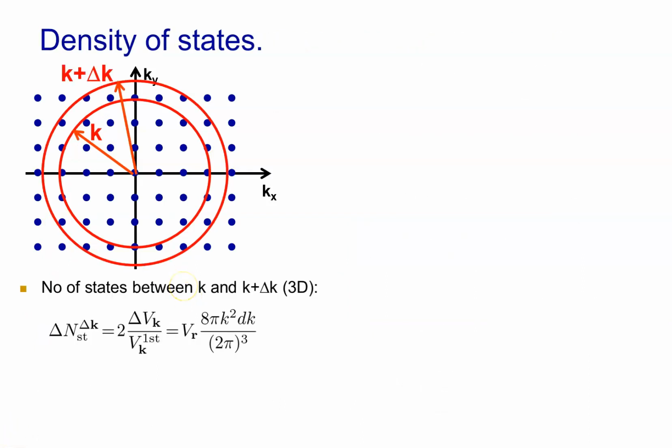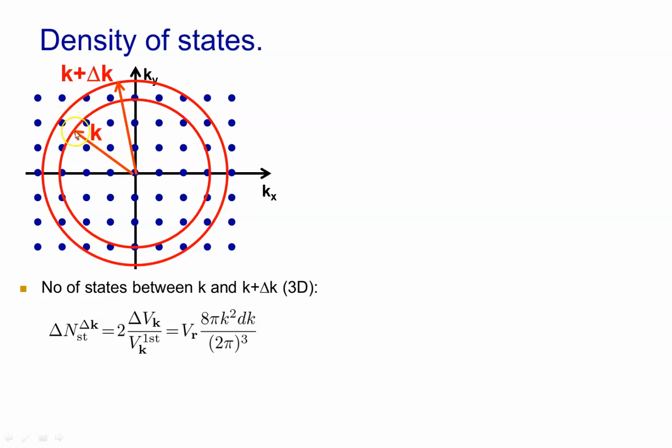All right, and let's talk about the density of states for the electron gas. So what do I mean by density of states? What I mean is the number of states on a sliver between, say, a given wave vector k and k plus delta k.